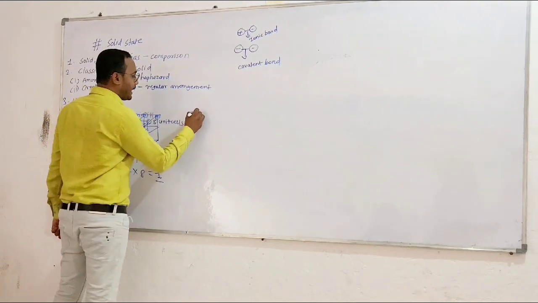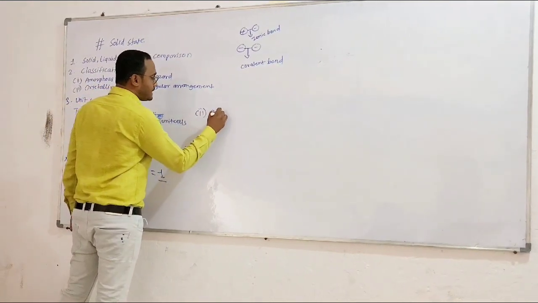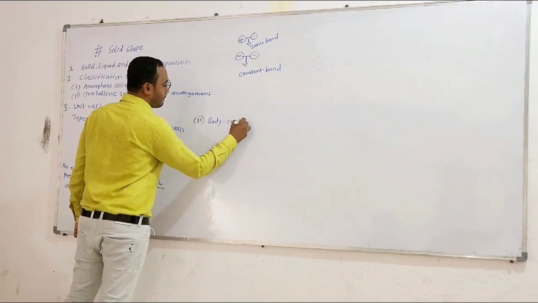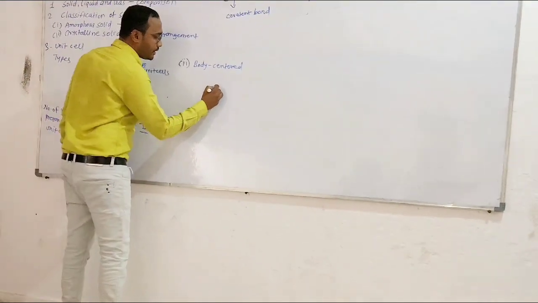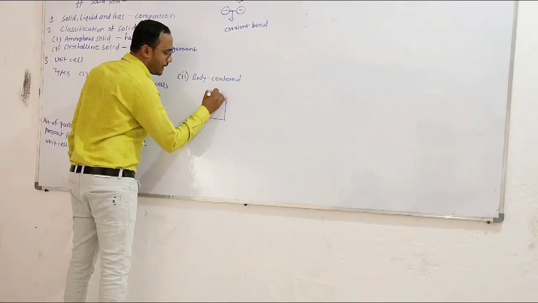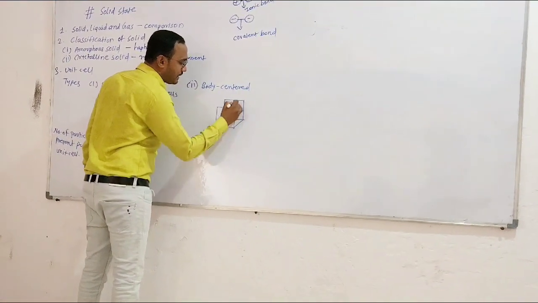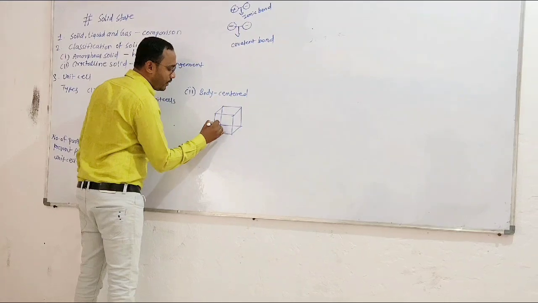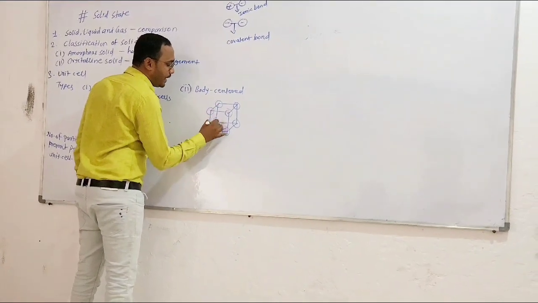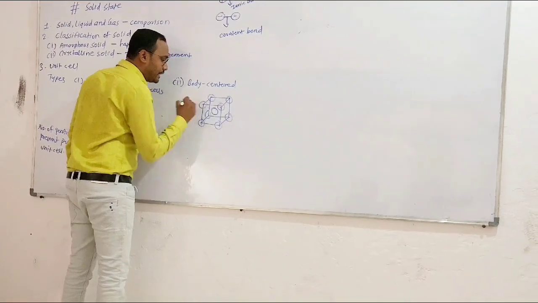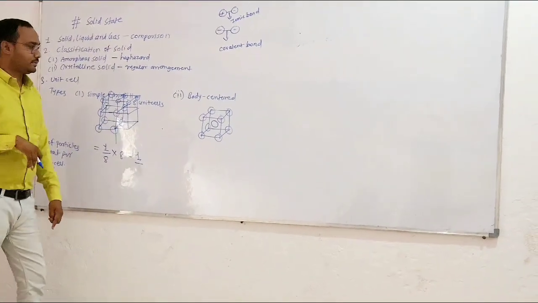Another, the second type, is body centered. In body centered unit cell, 8 particles are present at the 8 corners, and one extra particle is present at the center of the unit cell.